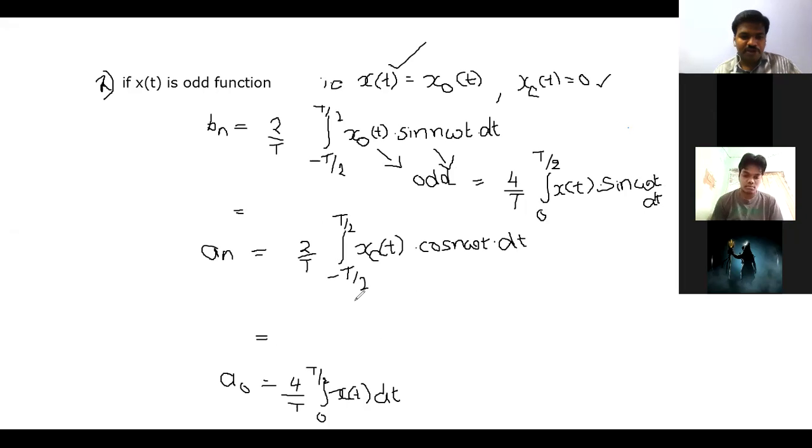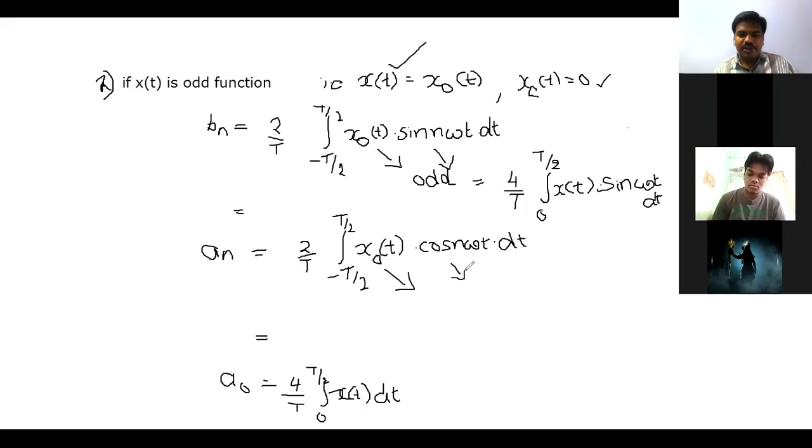Now let us quickly verify what the values of an and a naught are if we substitute an odd function in this particular case. This is an odd function, and this is an even function.